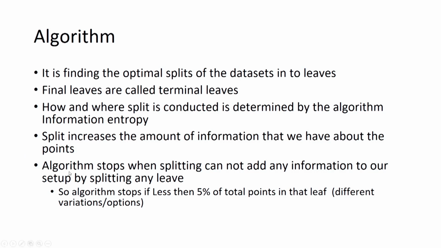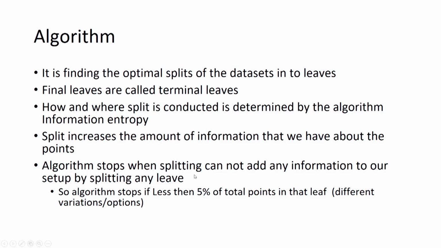Now, another question is when your algorithm will stop, because we are splitting the data set into different subgroups. When will we stop splitting any leaf node, where that leaf node corresponds to one subgroup? We need to decide that.